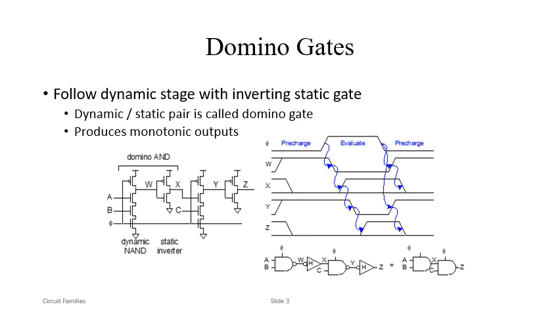This is the domino gate. In this domino gate we have a dynamic NAND and a static inverter. These both are combined together, and we call it domino. What is the difference between static and dynamic? Static means the same input is given to both PMOS and NMOS.